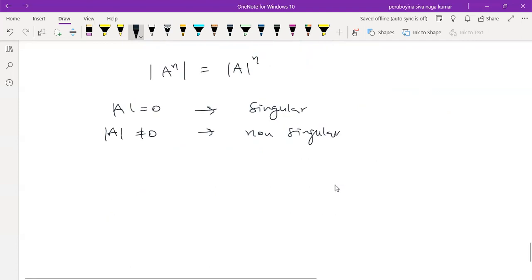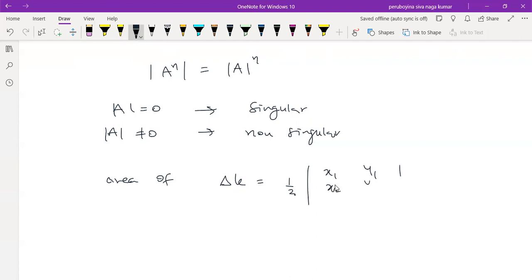Singular, non-singular. And in most of the cases, determinant will be used to calculate the area of the triangle. Area of triangle is 1 by 2 into the determinant with rows x1, y1, 1; x2, y2, 1; x3, y3, 1.